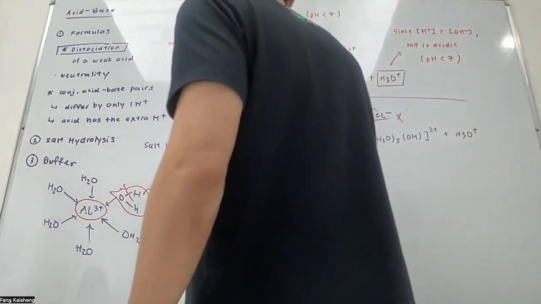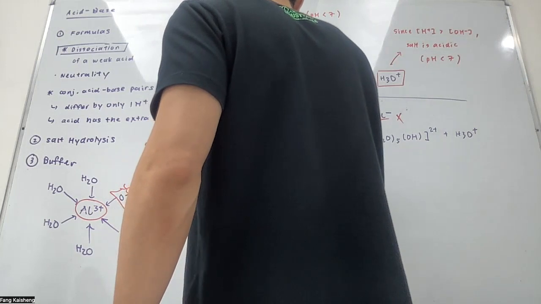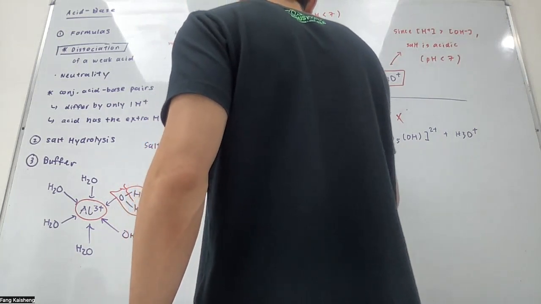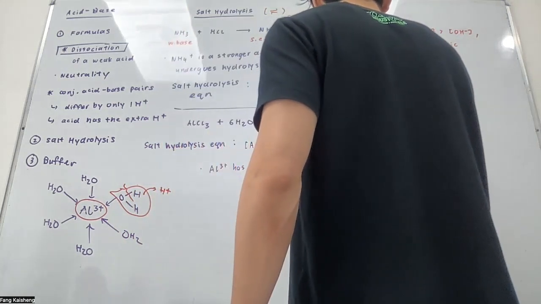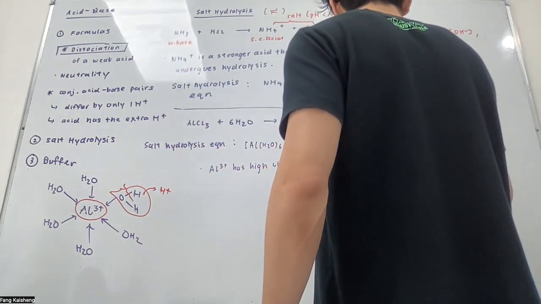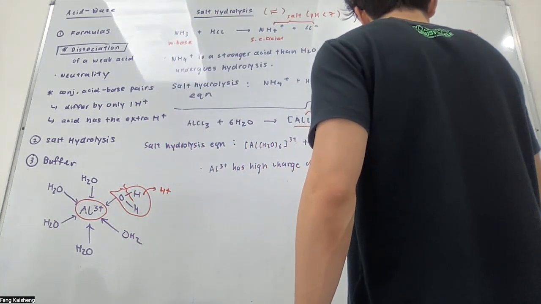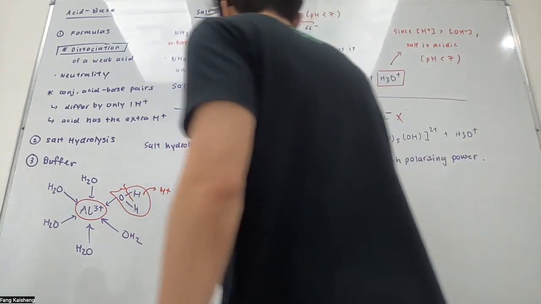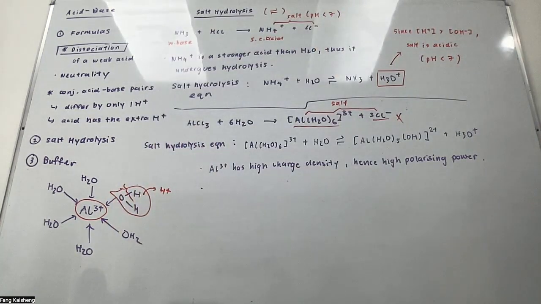So first, it all starts off because Al3+ has high charge density and hence high polarizing power. These two words come hand in hand. Polarize what? Polarize the electron cloud of water.